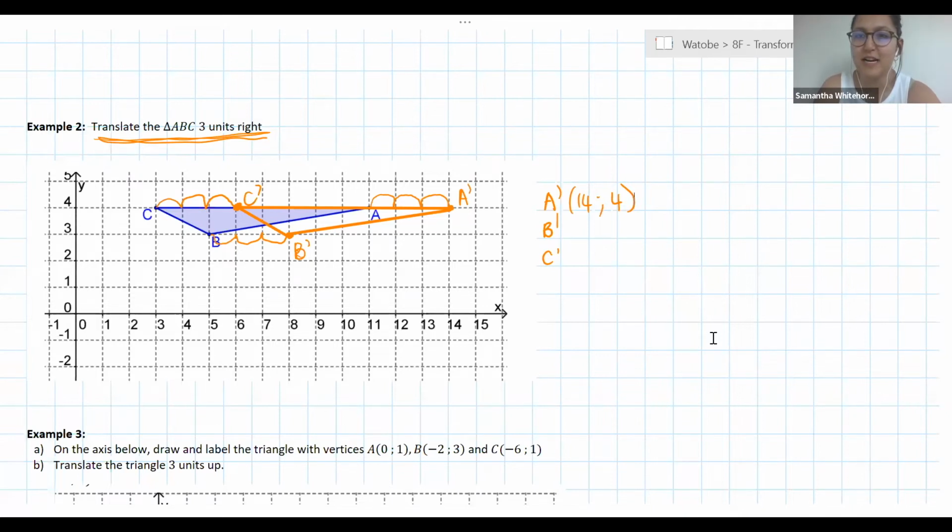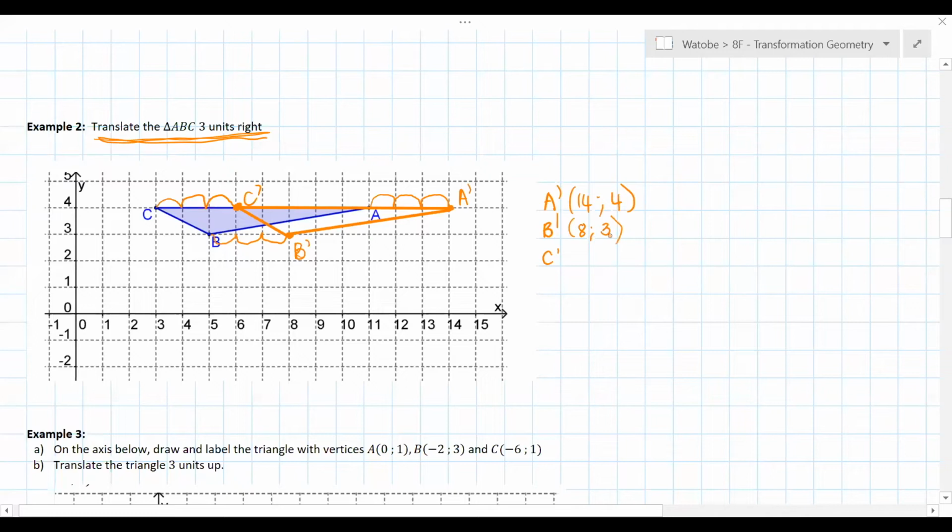All right, who else? We have so many hands up. Amahle, tell me what B is. B dash is 8, 3. Perfect. So B dash is 8, 3. Awesome.